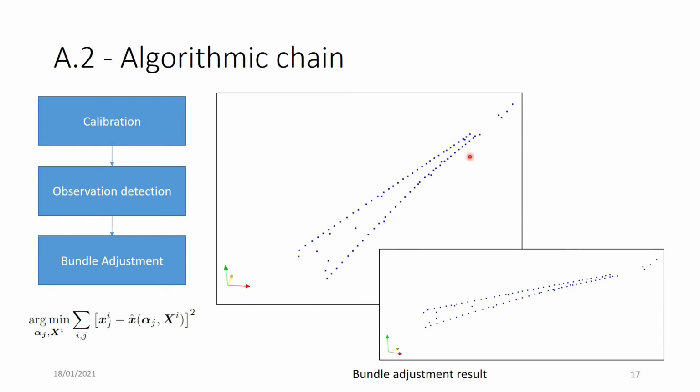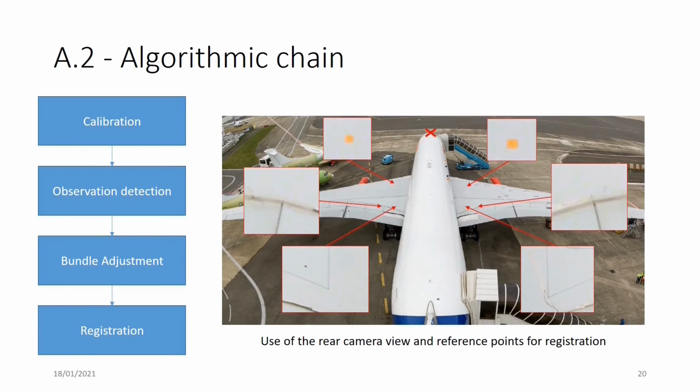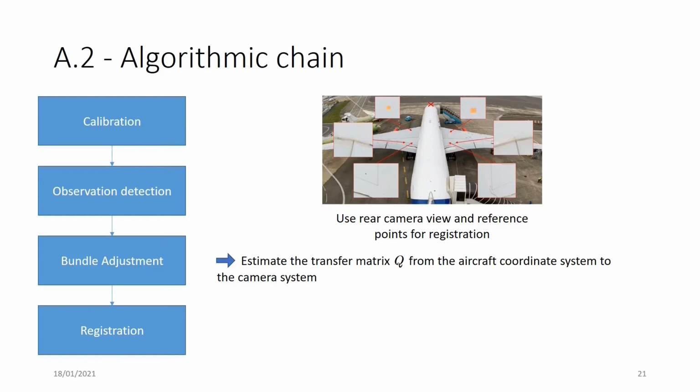Now the question is how to transfer the points back to the aircraft coordinate system, and to do so we'll use an additional camera at the rear of the aircraft that looks at reference points that we consider quasi-static during the tests. And since we know the positions of the reference points, we can estimate the transfer matrix Q from the aircraft coordinate system to the rear camera.